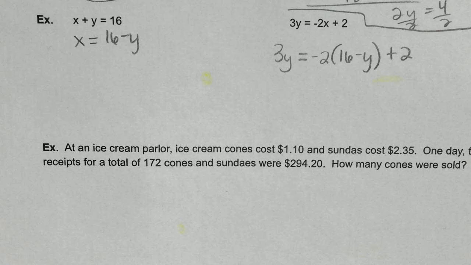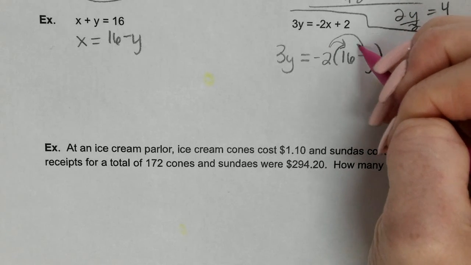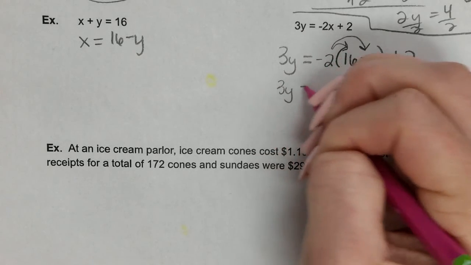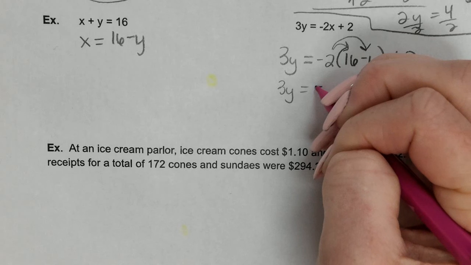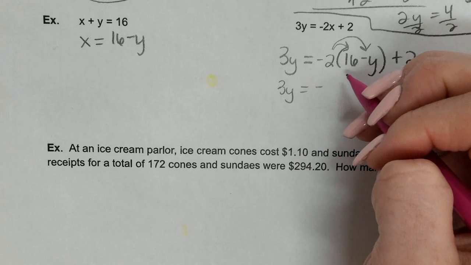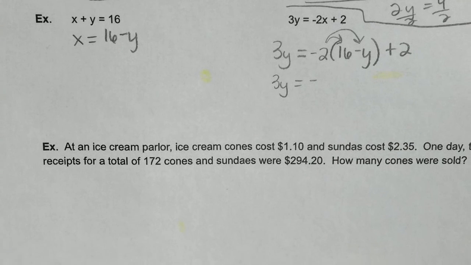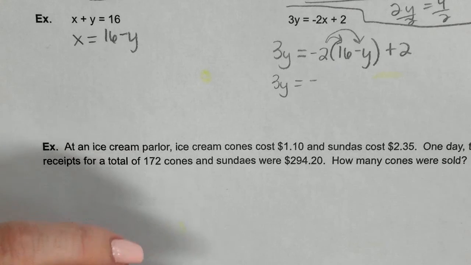Did you put a decimal? Okay, make sure you distribute. Oh, I was looking at my notes. I did it the other way. That's why I was like, huh? We'll get the same answer.